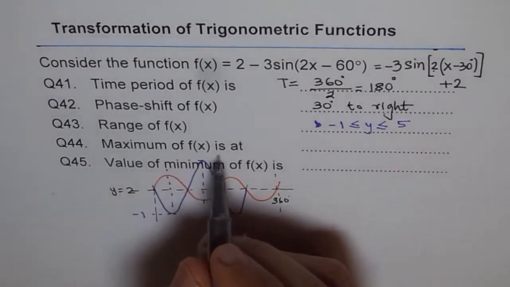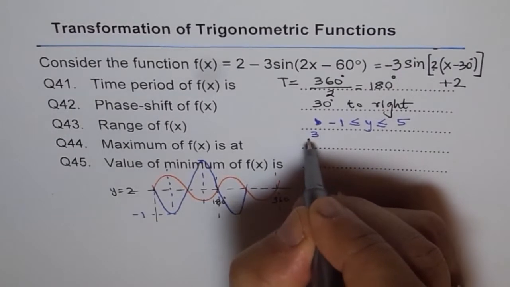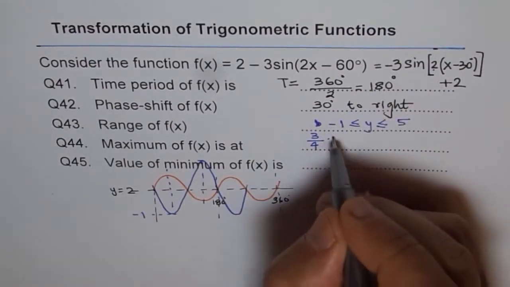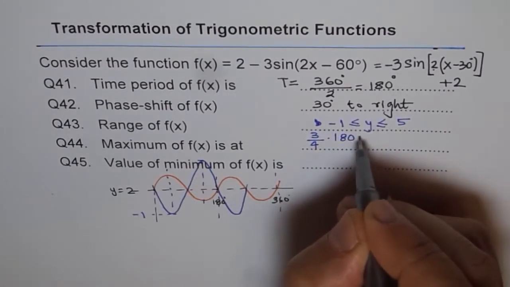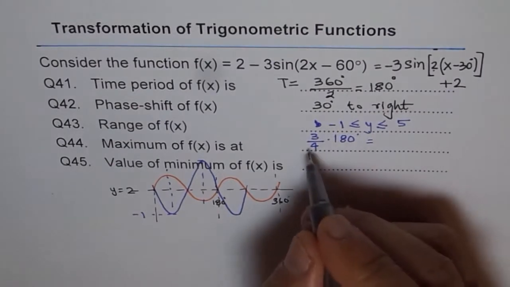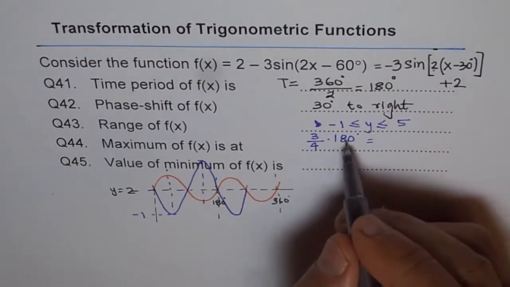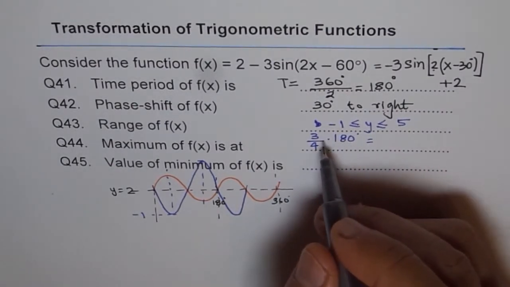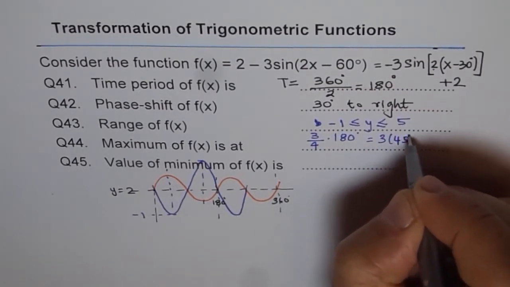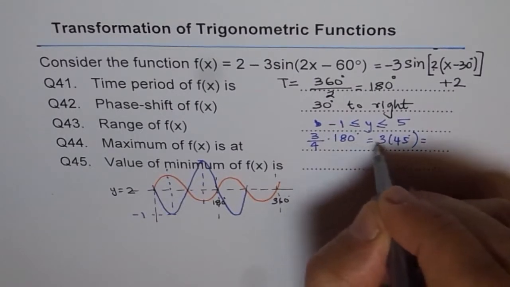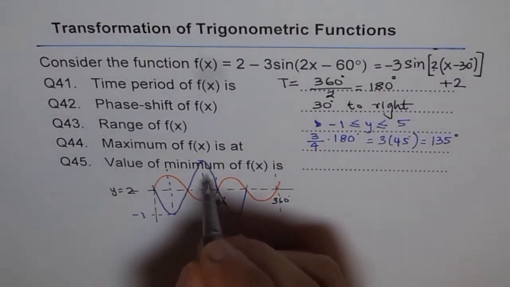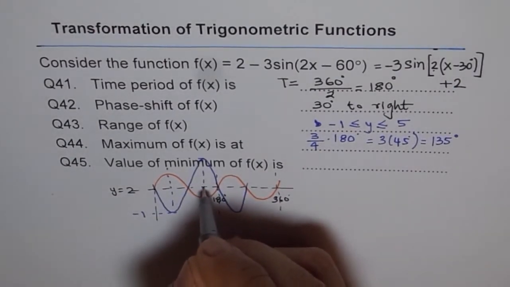So let me write 3/4 of the time period, and time period is 180 degrees. That is how you find the location of the maximum in this case. 1/4 of 180 degrees is 45, times 3. So it is 3 times 45, which is 135 degrees. So the maximum is at 135 degrees.